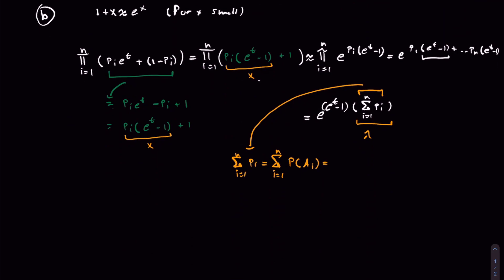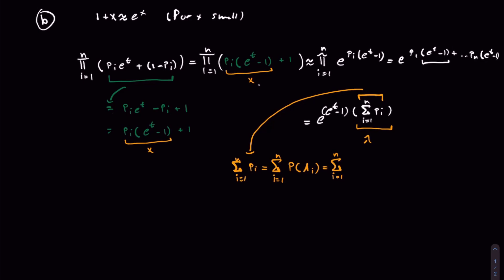And because these A's are Bernoulli events, we can use the fundamental bridge.